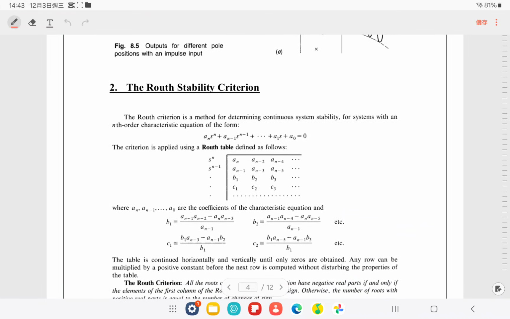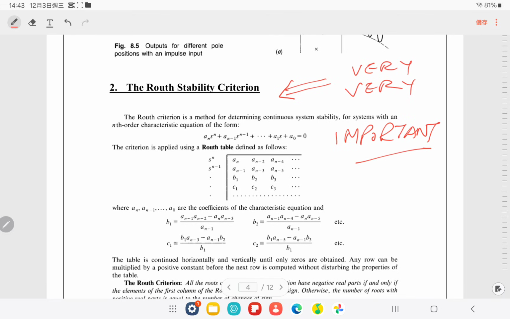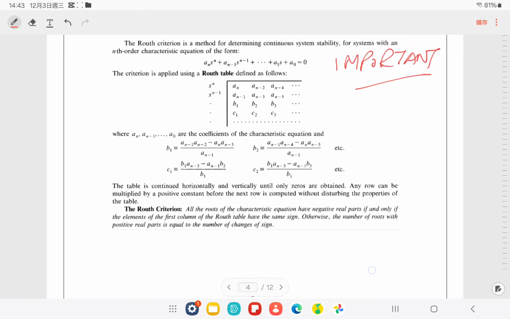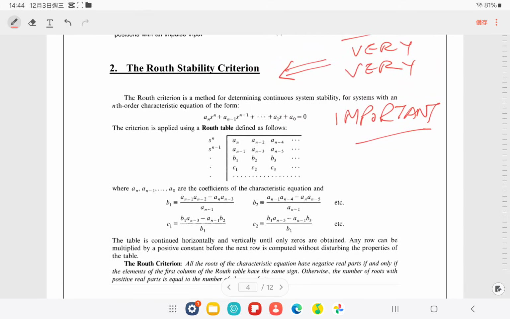Routh, so this one, I tell you, is very, very important. You better prepare.